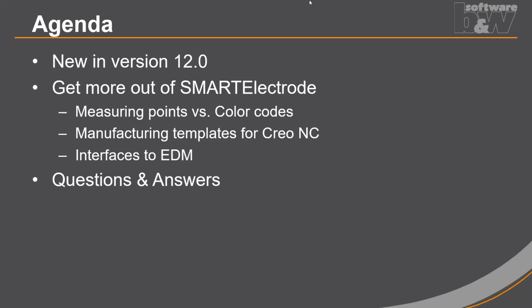So these are the measuring points and color codes for CMM, or computer aided quality, and the new implemented manufacturing templates for Creo NC. These are coming with version 12.01, and the new implementation of the interfaces to EDM. And after that, the questions and answers, if there are any.